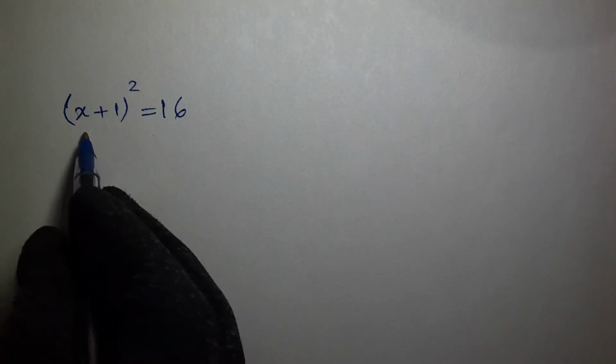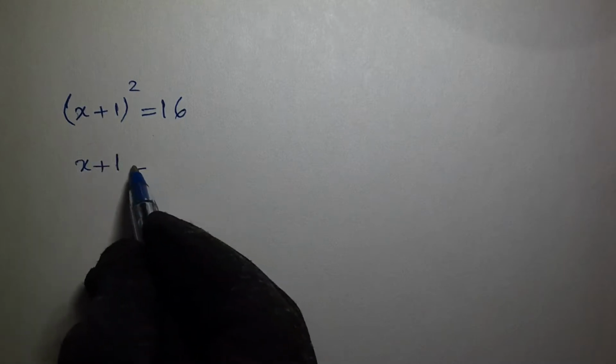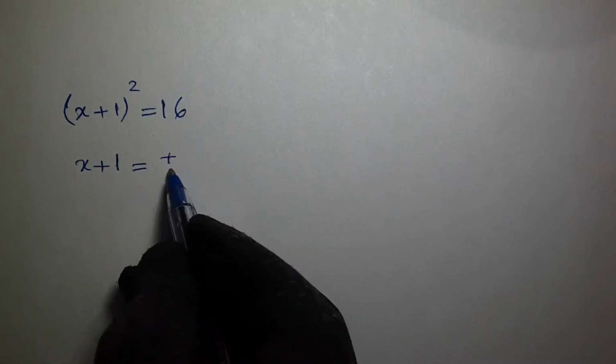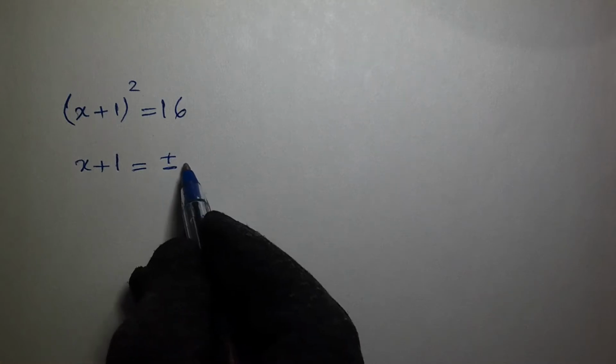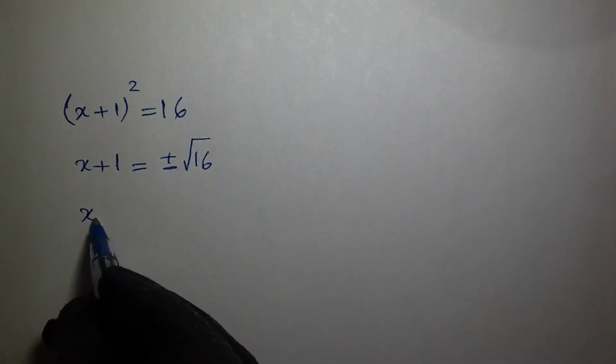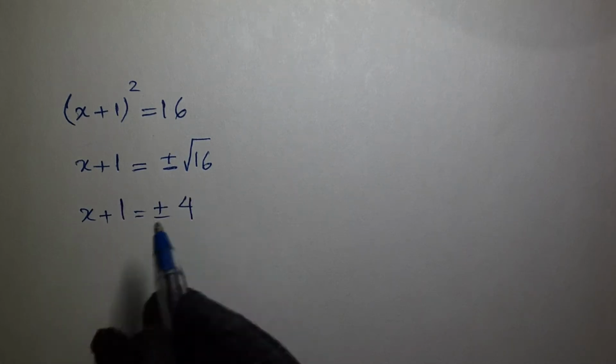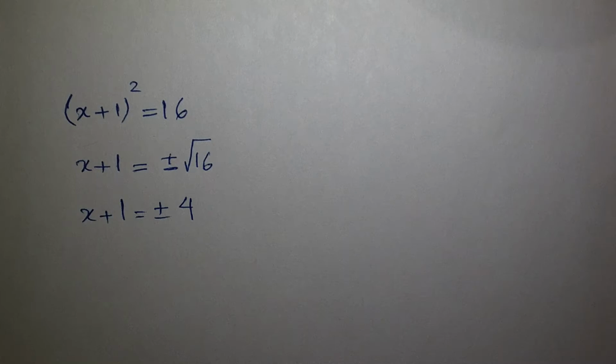The square root of x plus 1 squared is x plus 1. And on the right side, we have positive or negative square root of 16. We know the square root of 16 is 4. So we have this new equation.